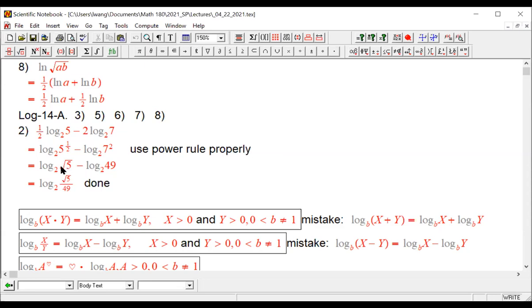Whether you write a square root of 5 or you write 49 instead of 7 squared, it really doesn't matter. Of these 2 steps, you only have to show one of them. If you show both, no problem. If you show one of them, that's fine. Got it? And we also are looking into if you use the quotient rule.